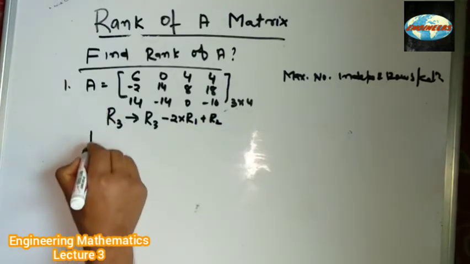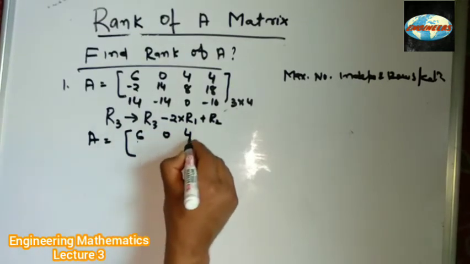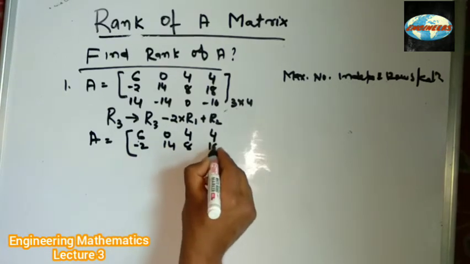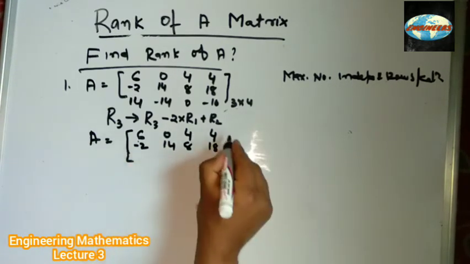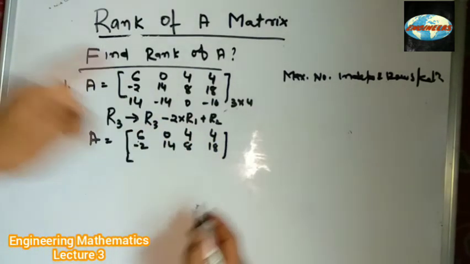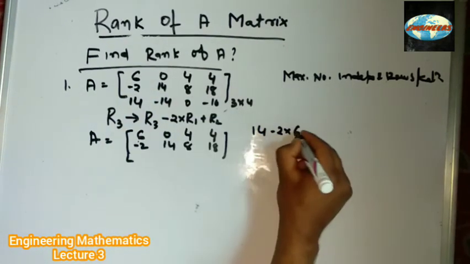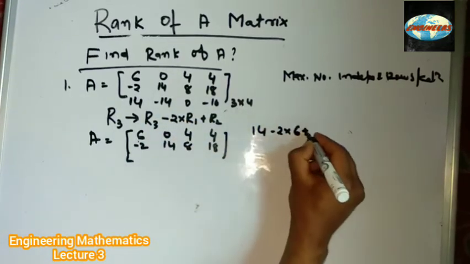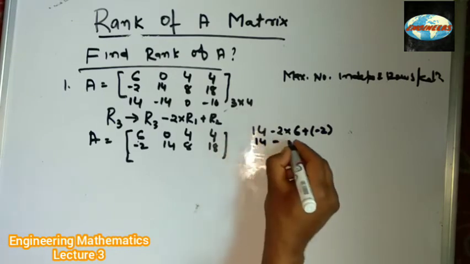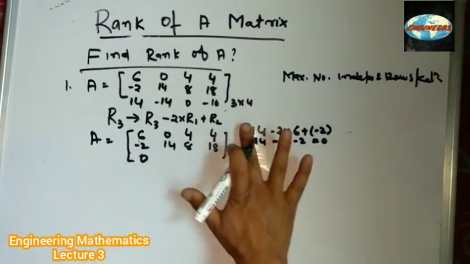First two rows will not change: 6, 0, 4, 4 and minus 2, 14, 8, 18. For R3, 14 minus 2 times 6, plus minus 2, so 14 minus 12 minus 2, so this element will be 0.